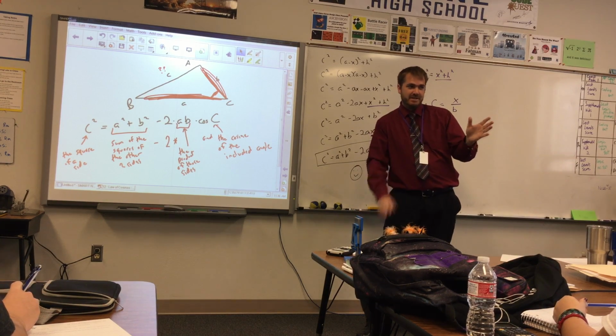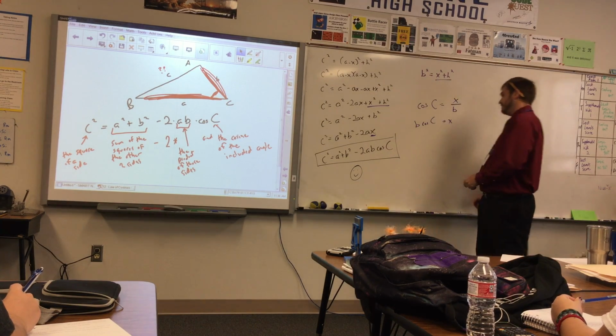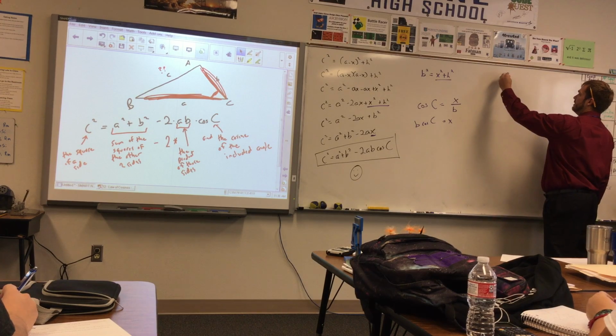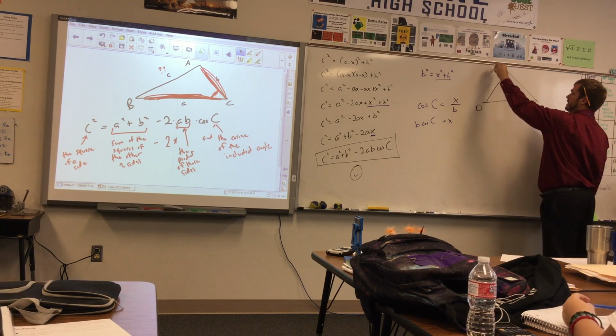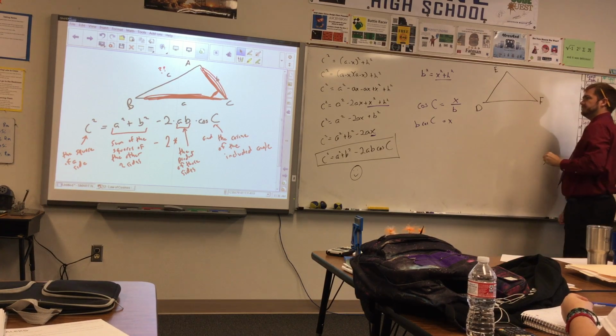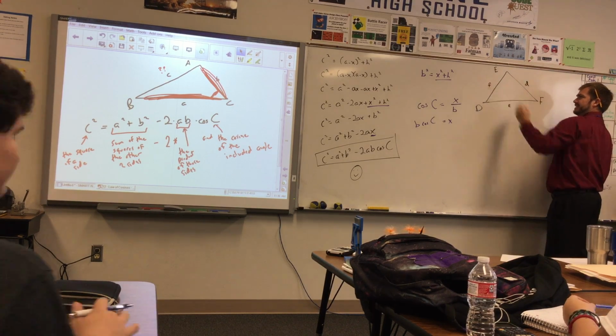Kind of sort of how it works. I bet if I draw one picture you're going to get it first time. So, triangle D, E, F, with little e and little f.